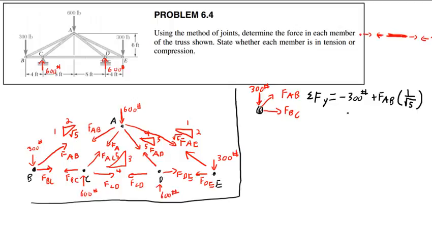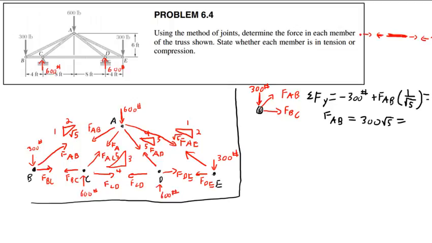Now, my algebra teacher, Mr. Link, would tell me that I should not have a root in the denominator, but Mr. Link is not here right now, so we're going to ignore that. You're not the boss of me, Mr. Link. Okay, FAB is going to be then simply 300 root 5, correct? I believe. 300 root 5, if I have mathed correctly?